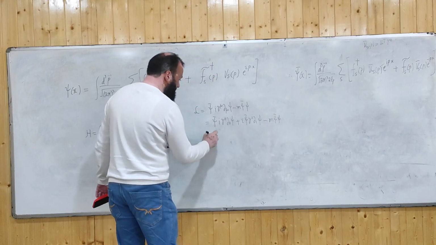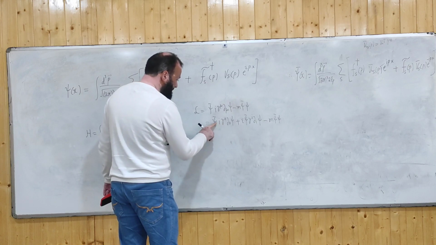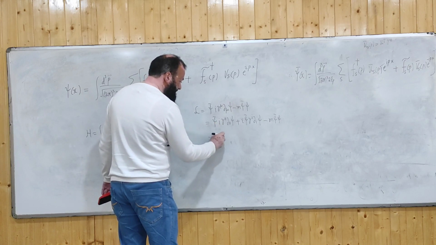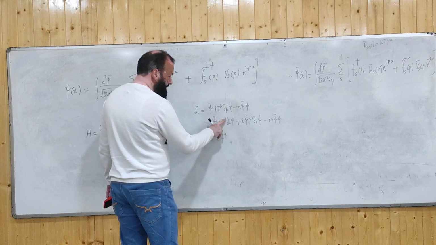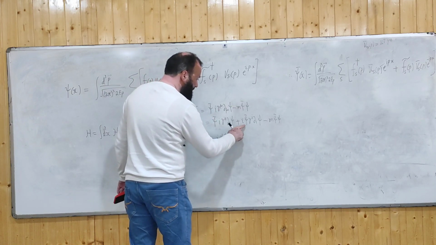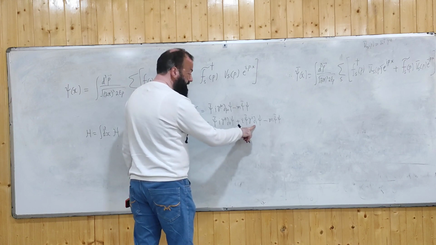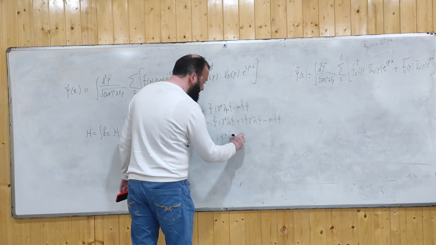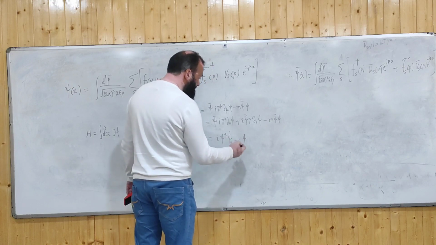So how much is that equal to? This will be i simply psi dagger, because gamma naught squared equals 1, so you have this psi dot here. Then it will be minus, because of gamma i in this partial i, it will be like this.